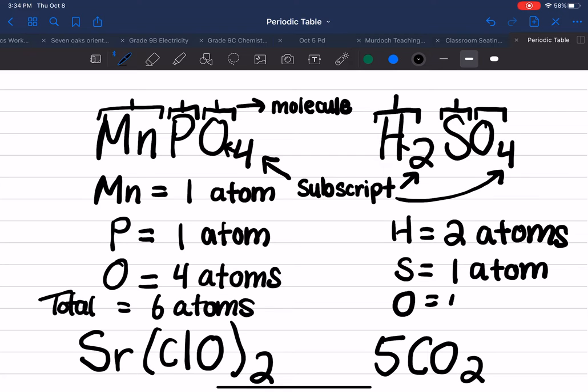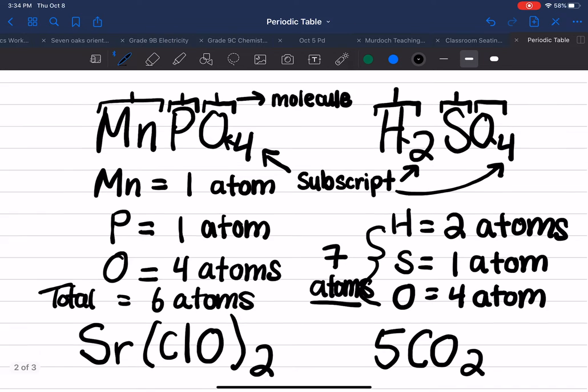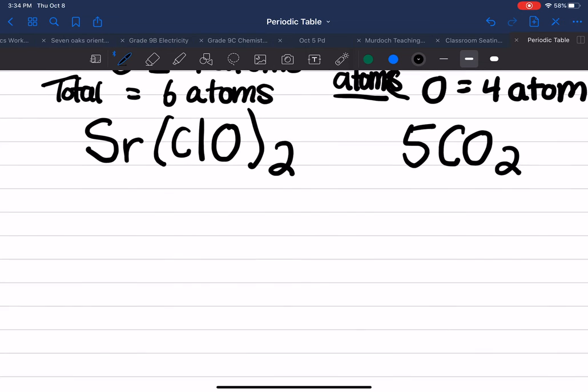It has a total of 4 atoms, because that subscript is applied to just the oxygen itself. So what does that mean? We have a total number of atoms of 2 plus 1 plus 4, which equals 7 atoms found in this molecule, H2SO4. So let's go into another example here.